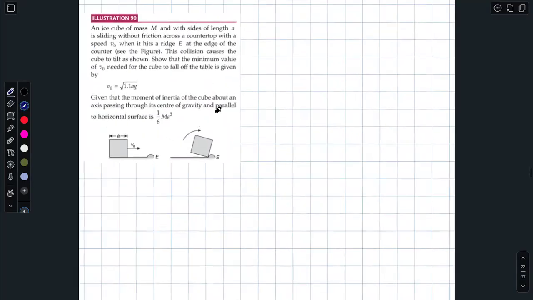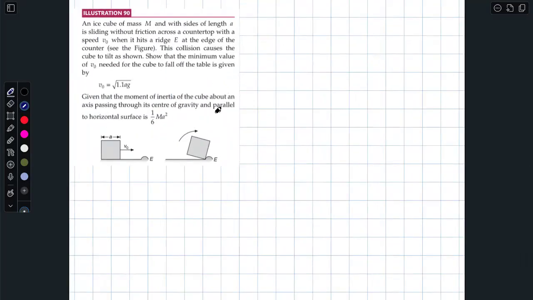Look at this first. A nice cube of mass capital M and with sides of dimension a slides with friction across a counter loop with a speed V0 when it hits a ridge.